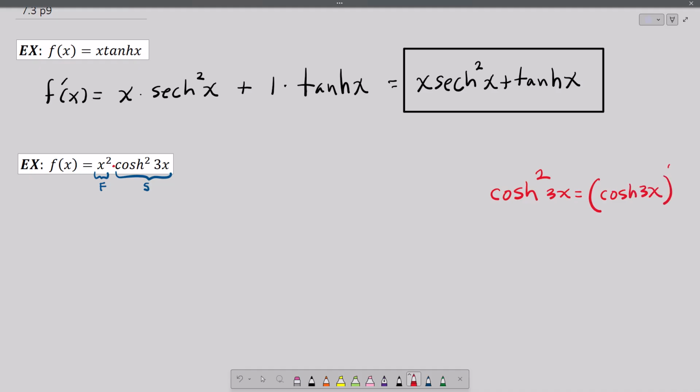The chain rule part looks a little more obvious when you've written the base in parentheses. It's very easy to forget the derivative of the base because of that shorthand notation with the trig functions and hyperbolic trig functions.